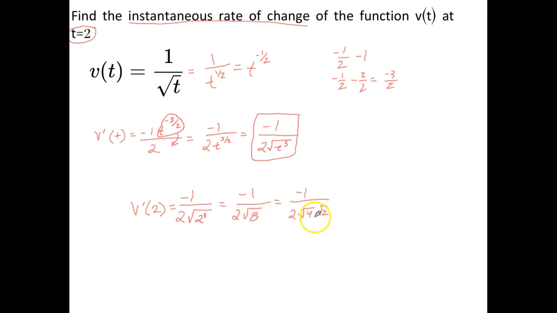Remember, I broke up the square root of 8, so that's going to be 4 times 2 is 8. I know what the square root of 4 is. That's why I did that. Negative 1 over, this is 2. So I got 2 times 2, which is 4 square root of 2. And that's going to be as simplified as I can make it. So that is the instantaneous rate of change at 2. I believe that's everything.